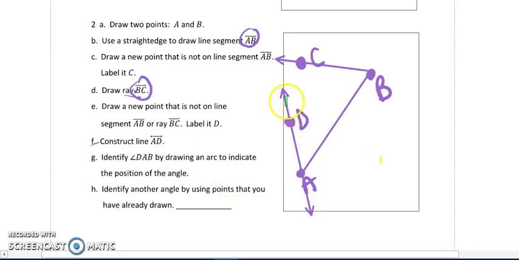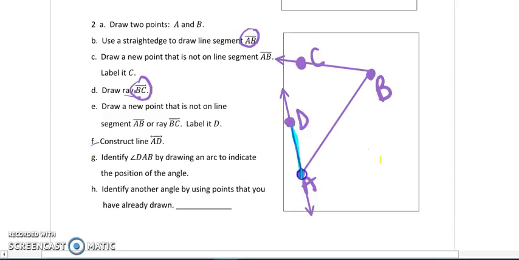So I'm going to start at D, like it says, go to A, which is the vertex. You don't need to draw this part. I just want to show you where this angle is. Oh man, sensitive today. So here, we'll try it again.